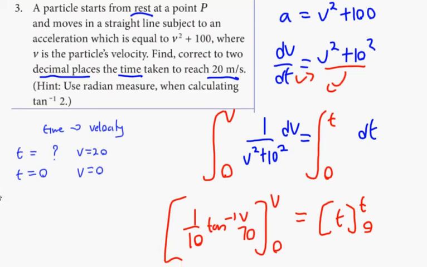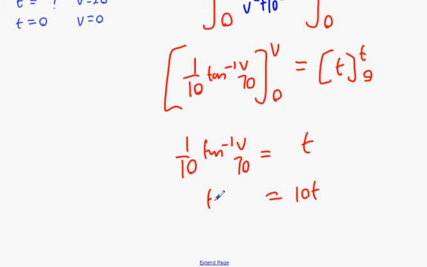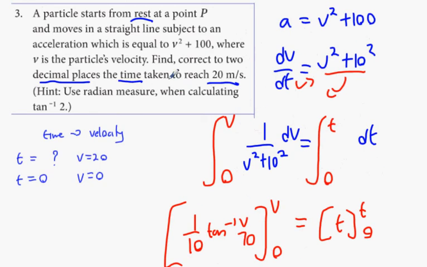Next we're going to get 1 over 10 tan inverse v over 10 equals t. 10t equals tan inverse v over 10. v over 10 equals tan 10t. v equals 10 tan 10t. What do we want to find out again? Time taken. Oh, that was a bad choice.